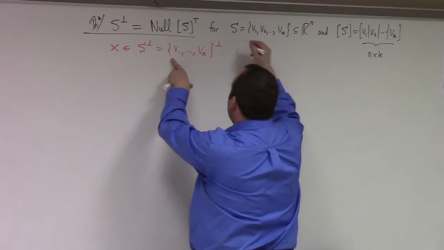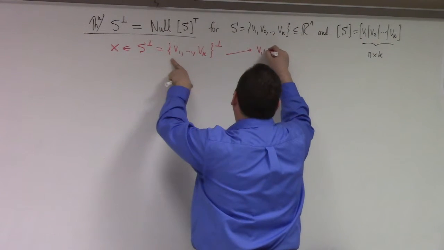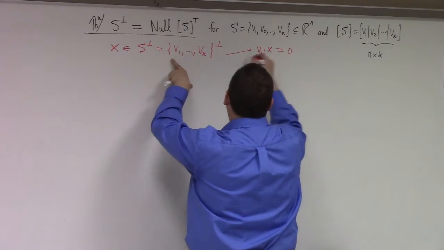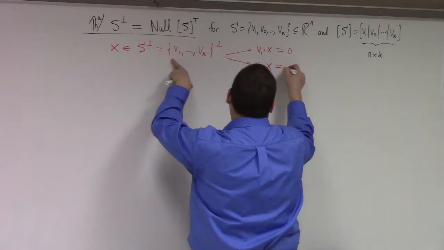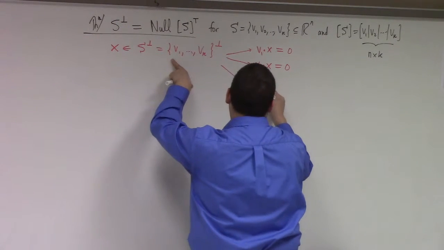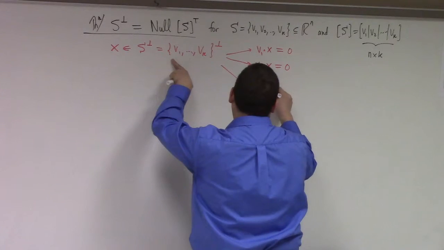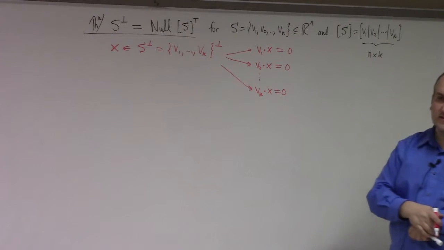So what's that give you? That gives you v1 dot x equals 0, right? v2 dot x equals 0, and so forth. vk dot x equals 0, right? Gives you these k dot products.